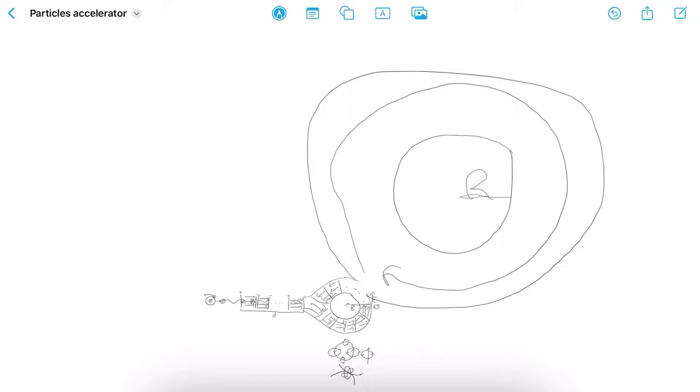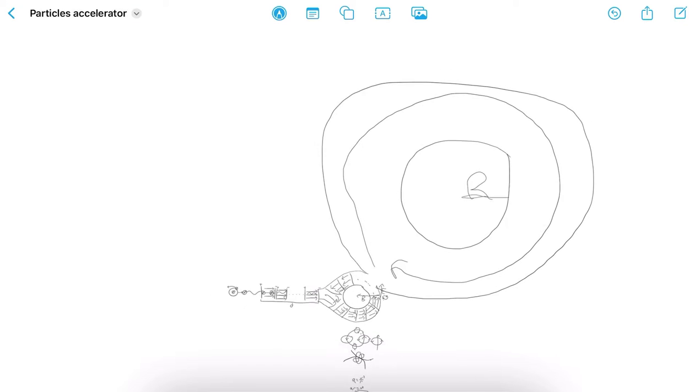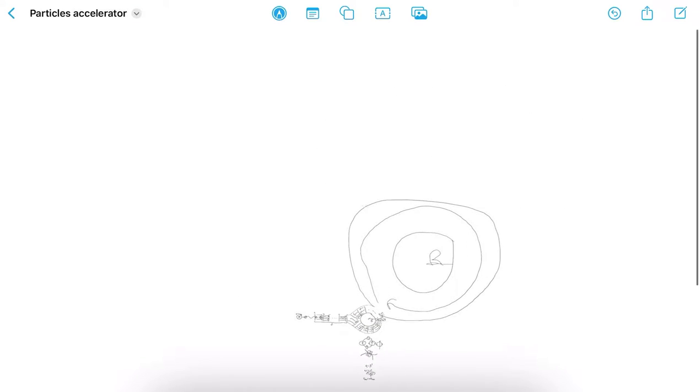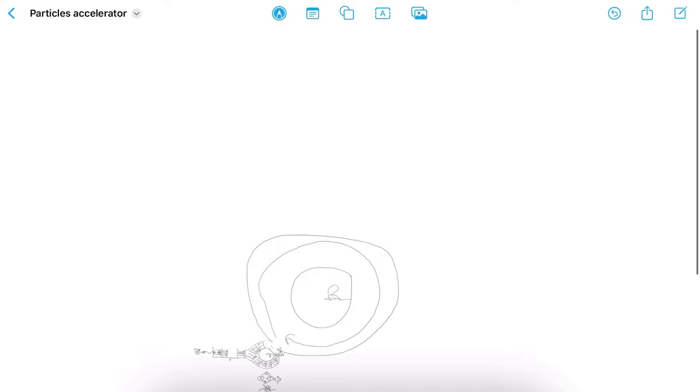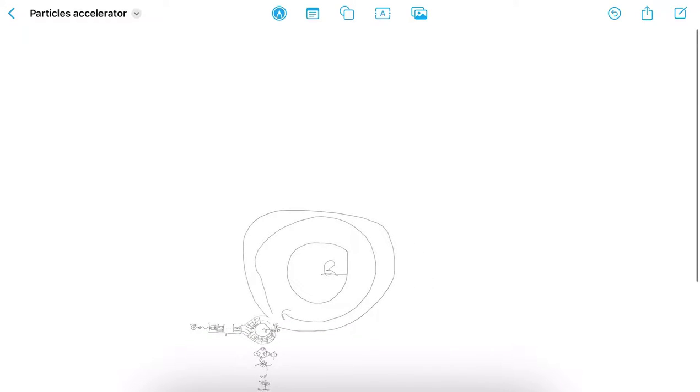What we can do is put those extremely high speed protons on an even larger loop than before, and the loop may be this large.